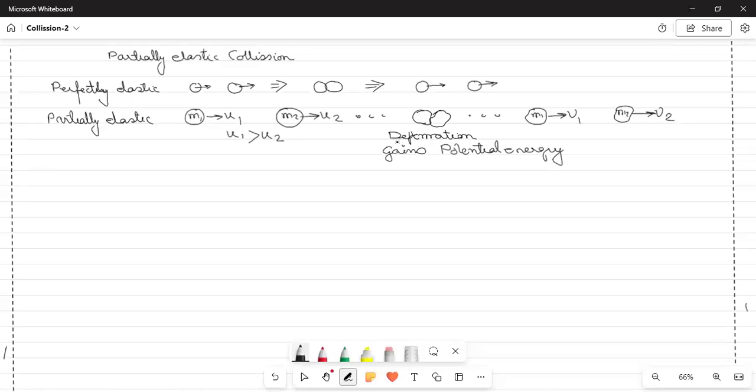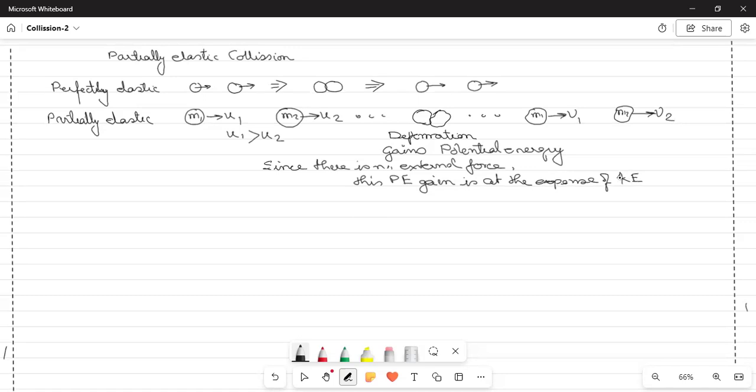And it is clear, since there is no external force, this potential energy is at the expense of kinetic energy.